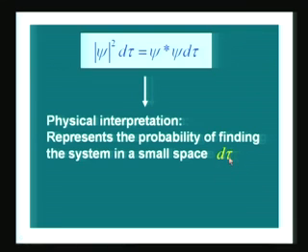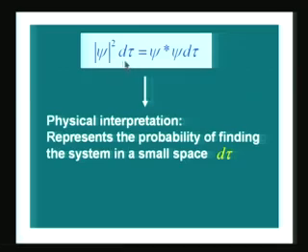All these things we will define as we go through it, but we have to remember, not just understand, that psi star psi times d tau, that is, you evaluate the function psi in a small interval of space d tau, represents the probability of finding the system in a small space. This is the only meaning that can be ascribed to the solution of the Schrodinger equation.